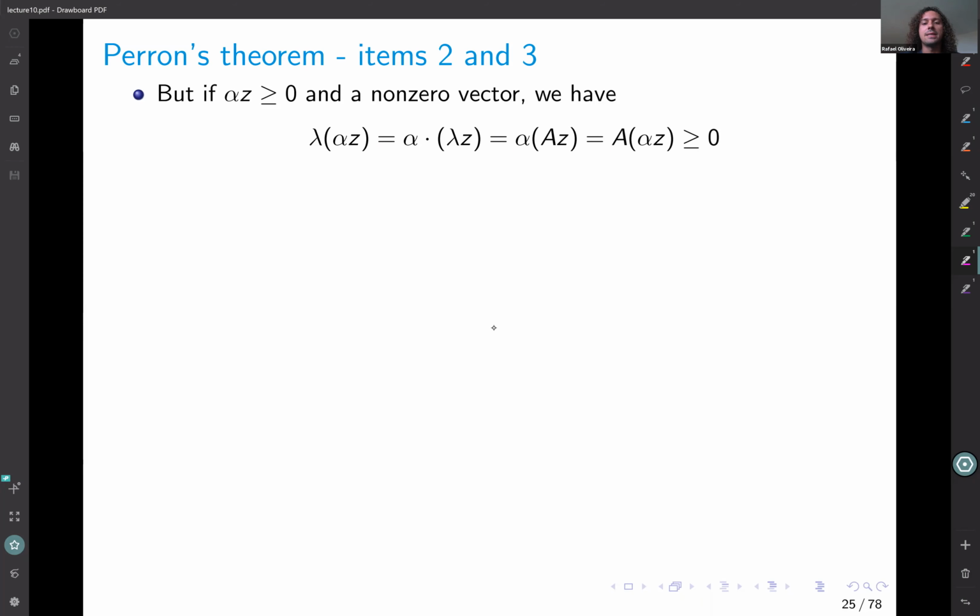Alpha is a scalar and A is a matrix, so we can swap them: this is equal to A times alpha z. But alpha z is greater or equal to 0, and A is a positive matrix. So I'm multiplying a positive matrix by a non-zero vector whose entries are all greater or equal to 0, which means this new vector has to be also greater or equal to 0. Does that make sense?